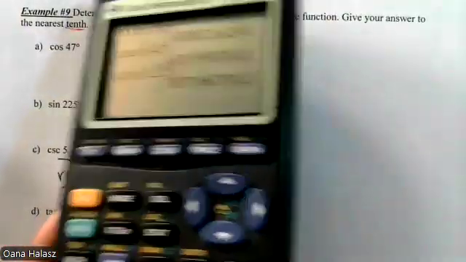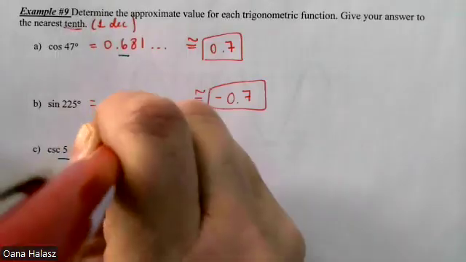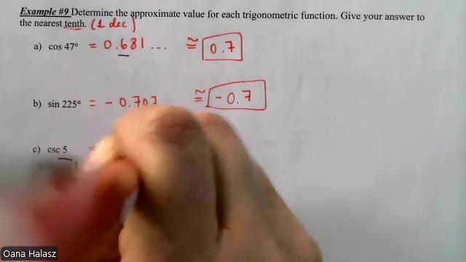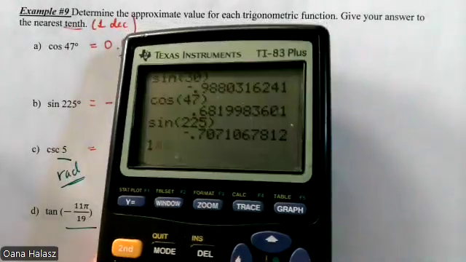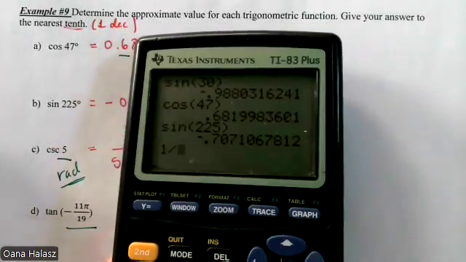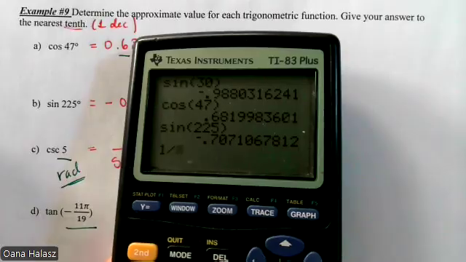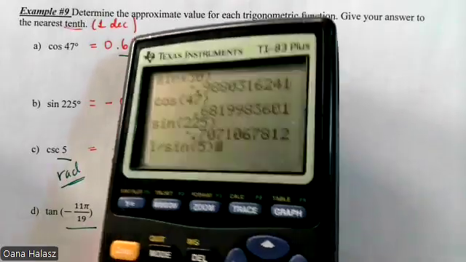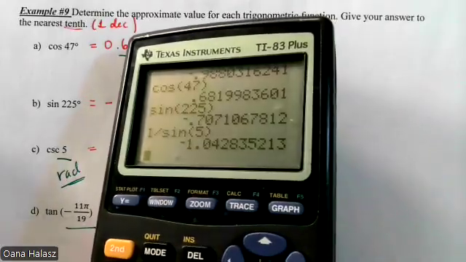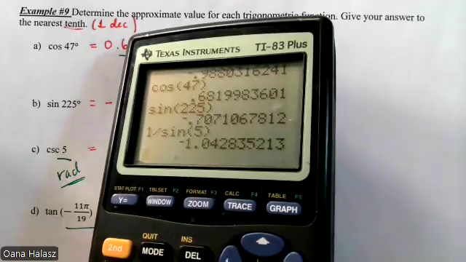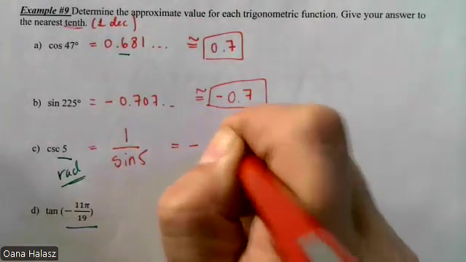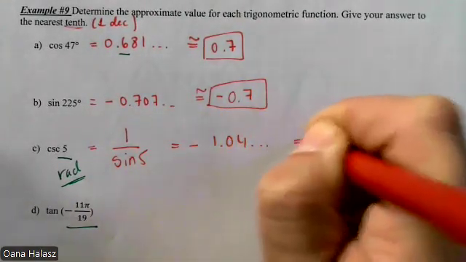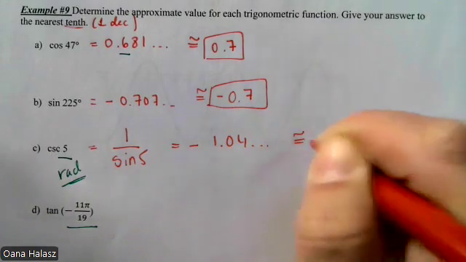Now I can plug in cosecant of 5 by doing 1 divided by sine of 5, because I don't have a button for cosecant. Cosecant is 1 over sine, so sine of 5 gives negative 1.04. So approximately negative 1.0.